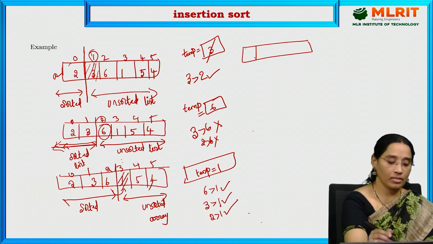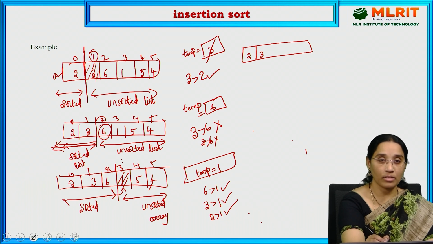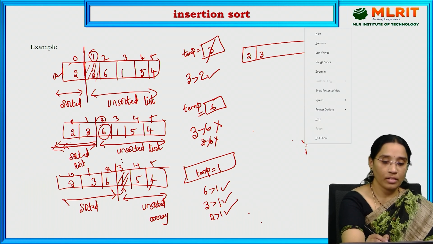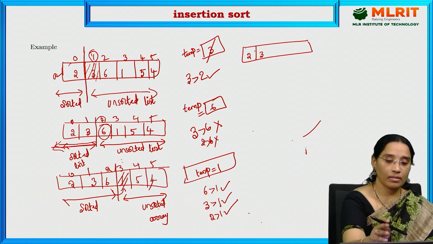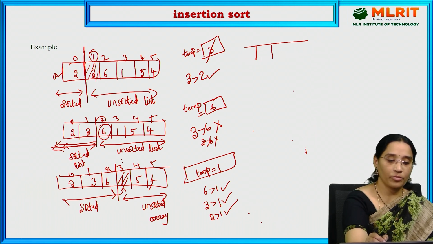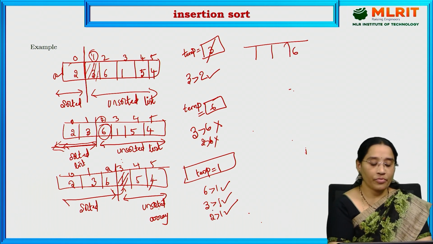When we do the first comparison, the value in temp, which is 1, is compared with 6. So now this element will move one position towards the right, that is 6. Next, 3 is compared with 1.